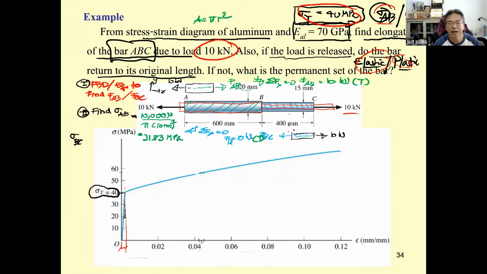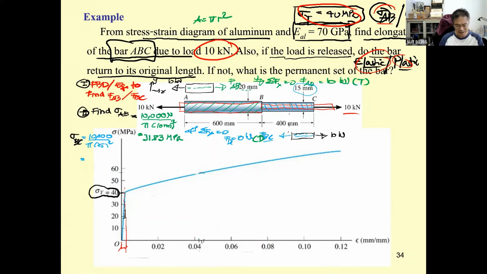And then there is this portion. Sigma sub BC is again going to be 10,000. However, the area here is smaller: it's going to be pi times 7.5 millimeter squared. That is going to be a higher stress than in AB.